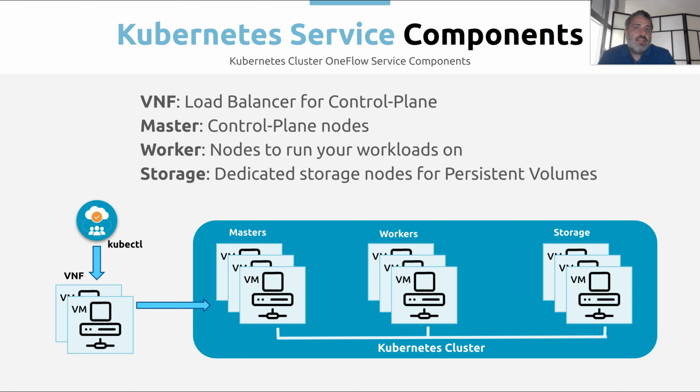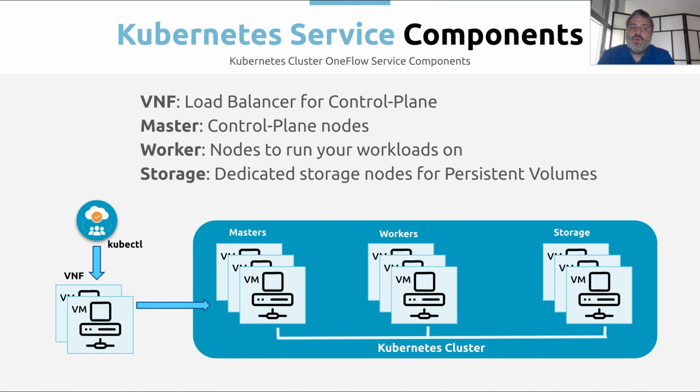That is, they manage the etcd database, the API server, the controller manager, and the scheduler. Then the third role is the worker. These are the nodes where you run your workload. And finally, we have the storage role. These are dedicated nodes for the persistent volumes.